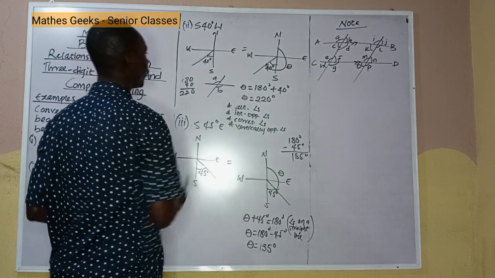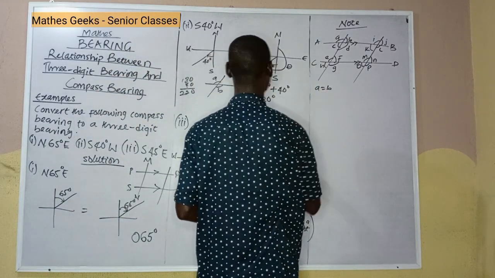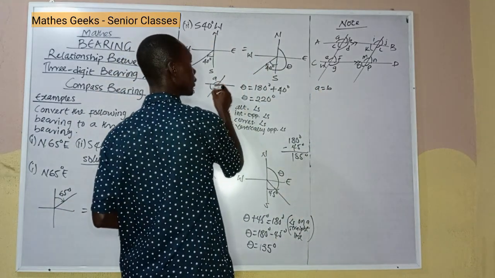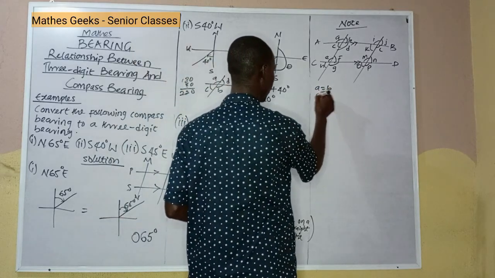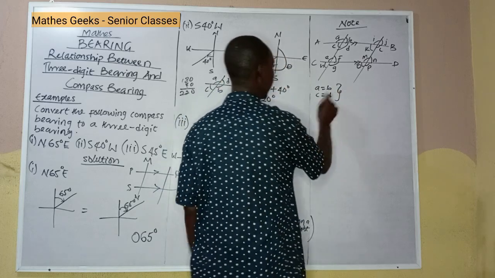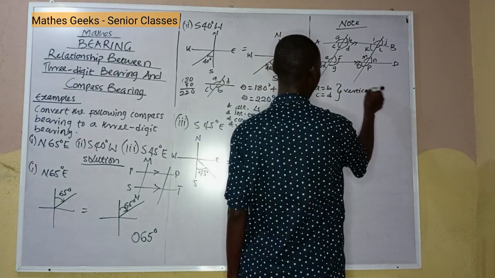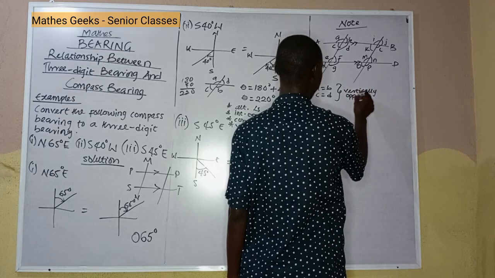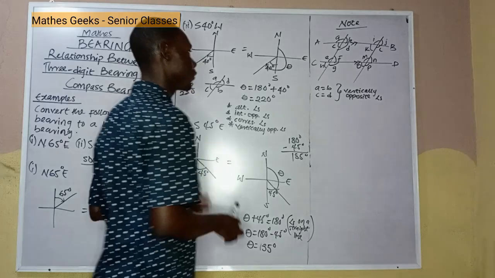You see that in this way, A is equal to B, and then if you have here, this is C, and C is also equal to D. What's the reason? These are vertically opposite angles. So that's one thing you need to note.